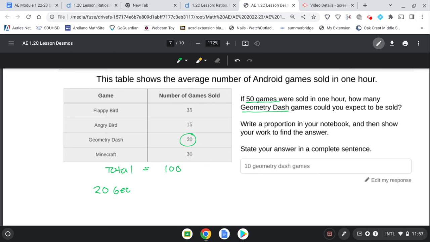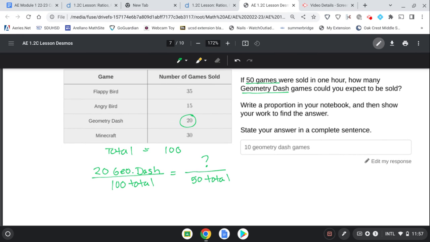So 20 Geometry Dash out of 100 total is equal to, then on the right side, if we have 50 total games, how many of them would be Geometry Dash?